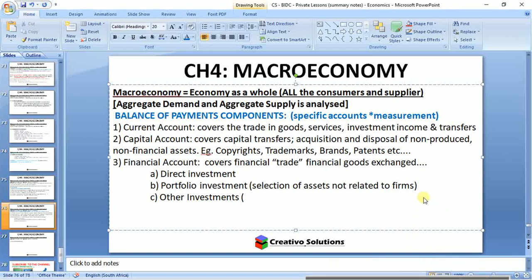We were talking about other investments. Other investments, this part covers short-term movements of financial investment, including bank loans, intergovernment loans. Direct, portfolio and other investments generate investment income that appears in the income section of the current account. Okay, so what are we looking at here? We're looking at other investments that relate to government or the financial sector.